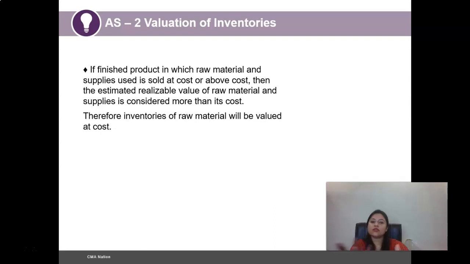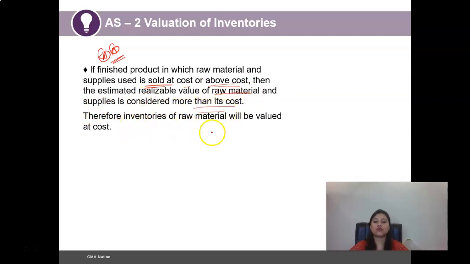And if finished product in which raw material and supplies used is sold at cost, so this is again at the balance sheet date how we will be valuing the particular inventory in the books of accounts. These again would be the important points, that in case the finished good or the finished product in which raw material and supplies which are used while preparing the finished product is sold at cost or above cost, then the estimated realizable value of that raw material and supply should be considered more than its cost.